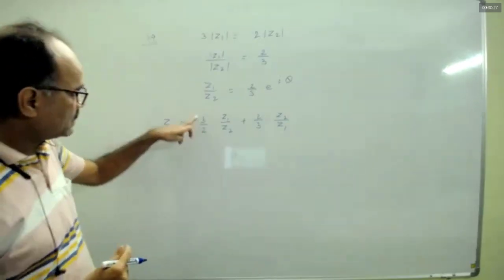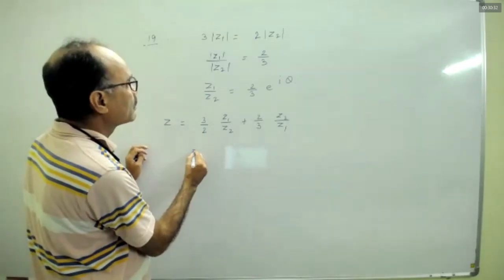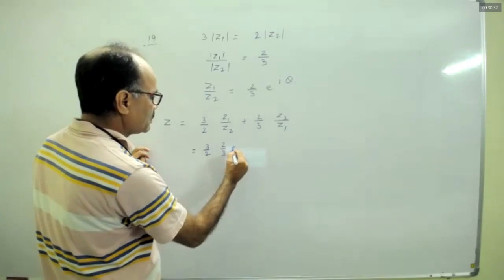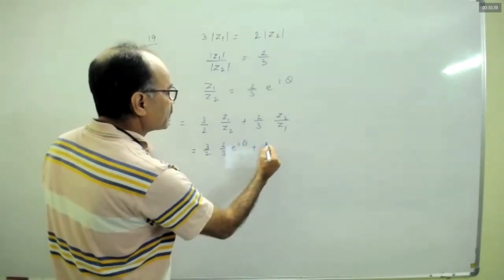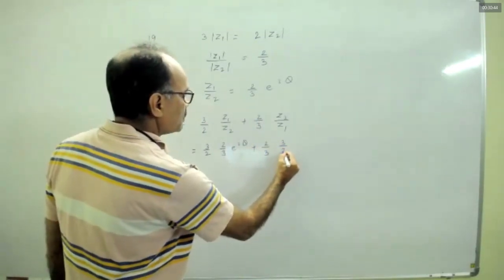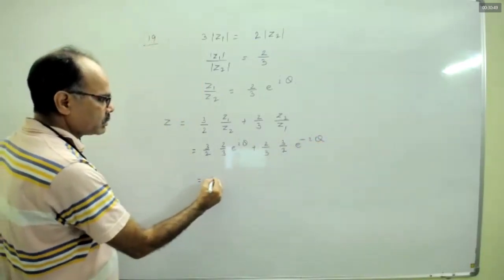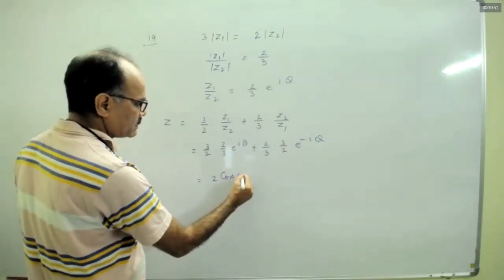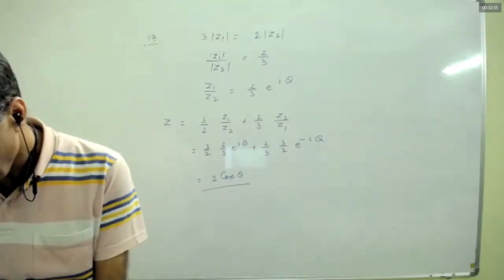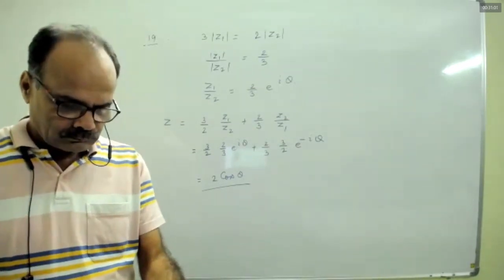This is the question, na? 3 by 2 into 2 by 3 e to the power i theta plus 2 by 3 into 3 by 2 e to the power minus i theta. So we will get 2 cos theta. I think this should be the question. Yeah, this is the wrong question.